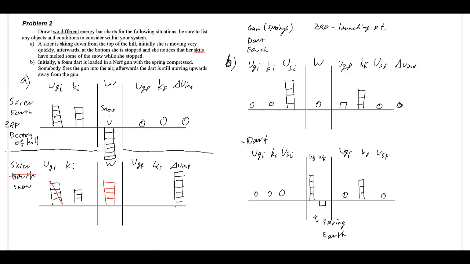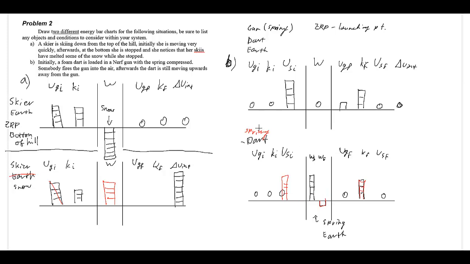Like I said, you could have also picked one, I'll draw it in a different color, where you had no gravitational potential energy if it was just the dart and the spring in the system. Then you would have had elastic potential energy and you would have had negative work and the same kinetic energy at the end. Or you could have switched these two around.